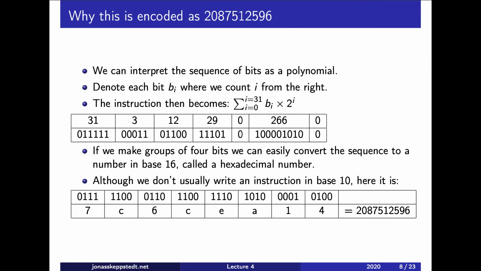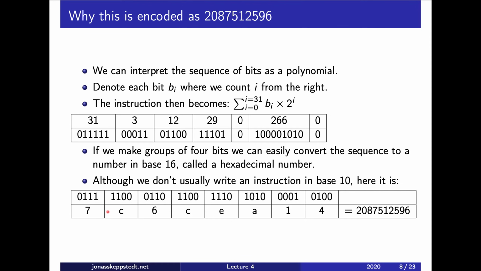Then we can ask ourselves, why is this number in decimal? It's not very strange. We have these fields, and if we write them as ones and zeros, we get a sequence of 32 ones and zeros. This number is simply that 32-bit number interpreted as decimal. Sometimes we prefer to write them in base 16 instead of base 2.